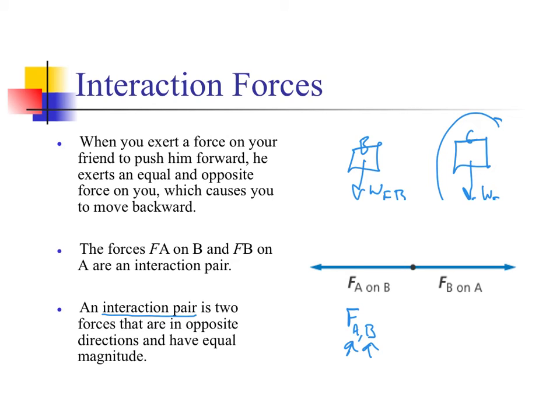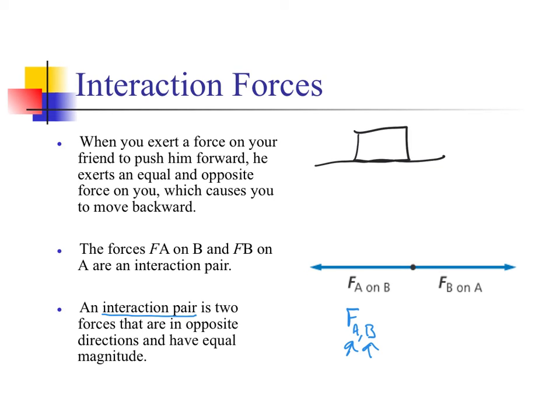Well, when we deal with free body diagrams and we have an object sitting on a table, the weight of the Earth acting on the box goes down, as it should. The normal force of the table on the box, those are not Newton's third law pairs.